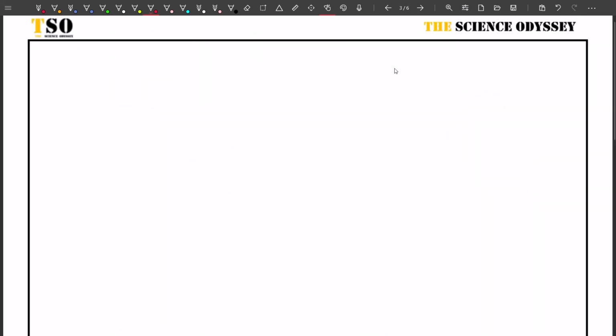The third and the final type of constraint motion that we have is wedge constraint.